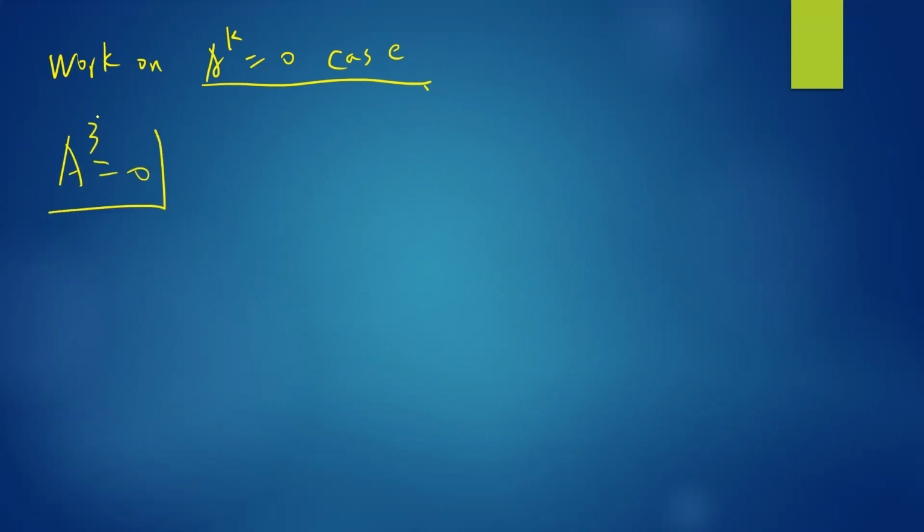Now let's work on the general A to the K equals 0 case. You may need to think a little bit to construct such a solution, but let me just tell you the answer. It's not difficult. Basically you need to ask what's the natural solution of A cubed equals 0. The fundamental solution should be 3 by 3, and it should be this one.